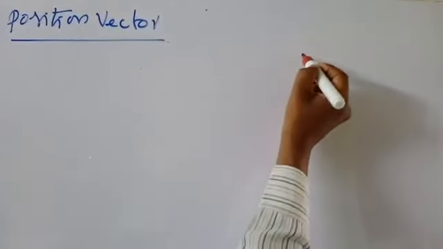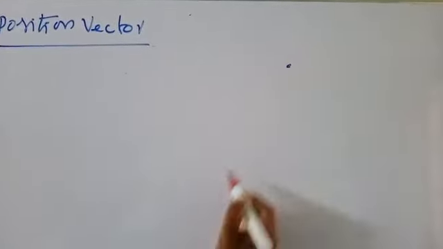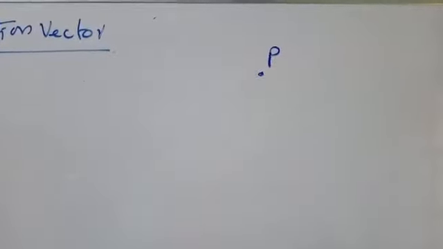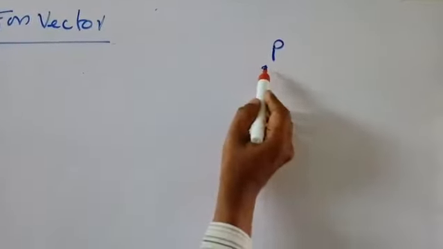In position vector, this is the object. This is P. What is the position of this P?